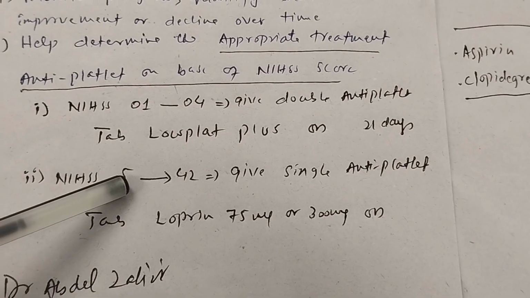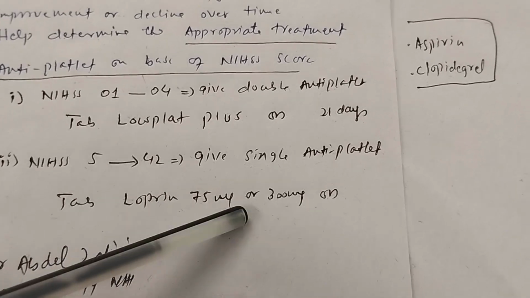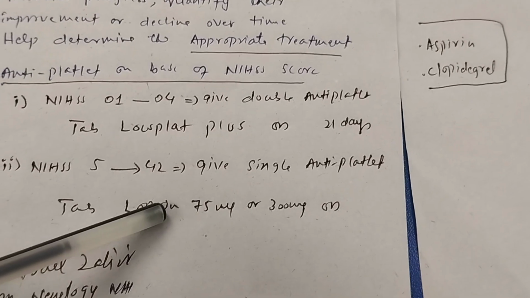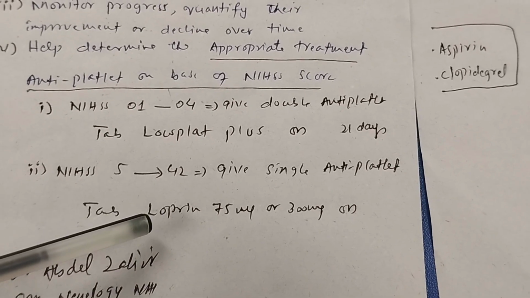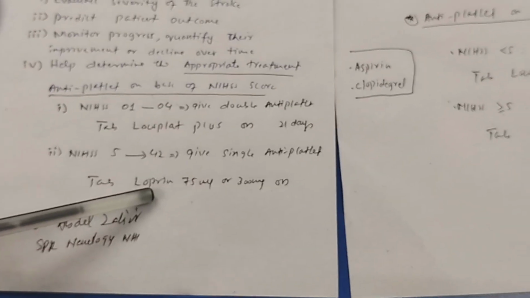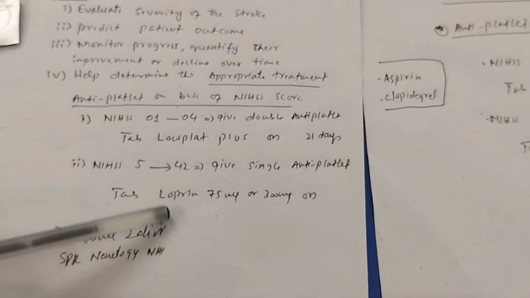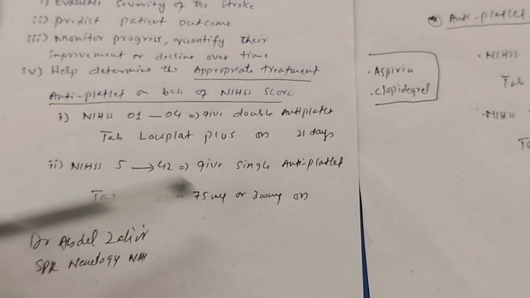But if NIHSS is 5 or more, then we give a single antiplatelet. Only we give aspirin, and we don't give clopidogrel as a single antiplatelet, because many people in Asian countries are resistant to clopidogrel. So the single antiplatelet we should give is aspirin.